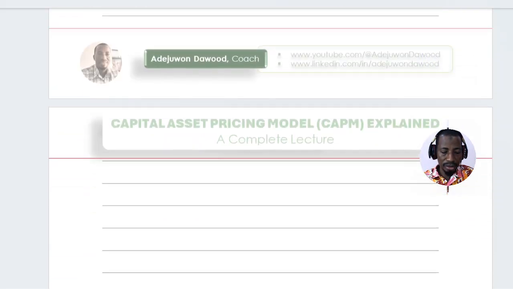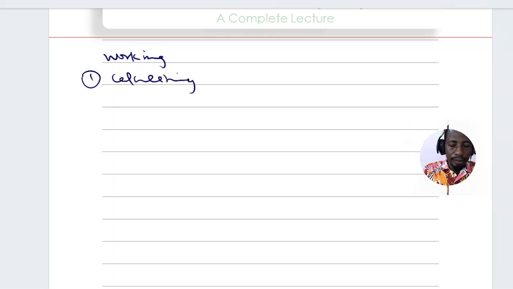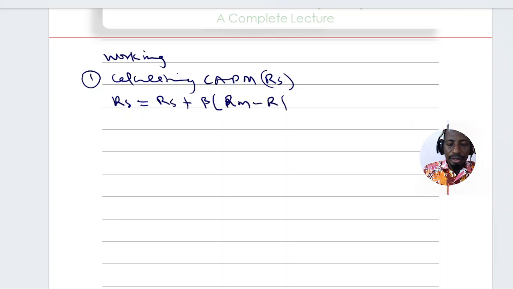Okay, expected return. Let me use this space as my working. I want to calculate expected return, calculating CAPM. So CAPM is calculated as the risk-free rate of return plus beta value times market return minus risk-free rate of return.